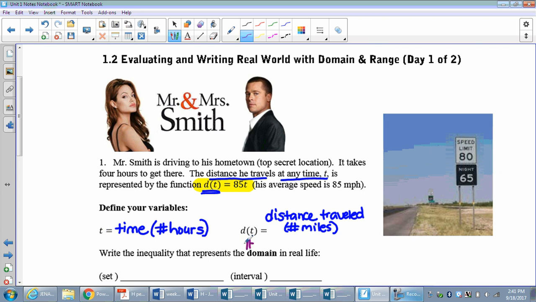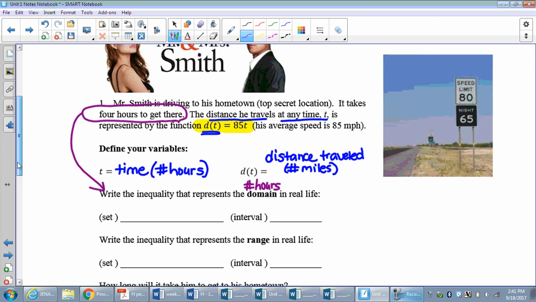So I'm going to go back and look to see if I'm told anything about the time, the hours he's driving. So I'll reread it. It says, Mr. Smith is driving to his hometown, top secret, don't know where it is. It takes 4 hours to get there. That's going to be a restriction on the time.